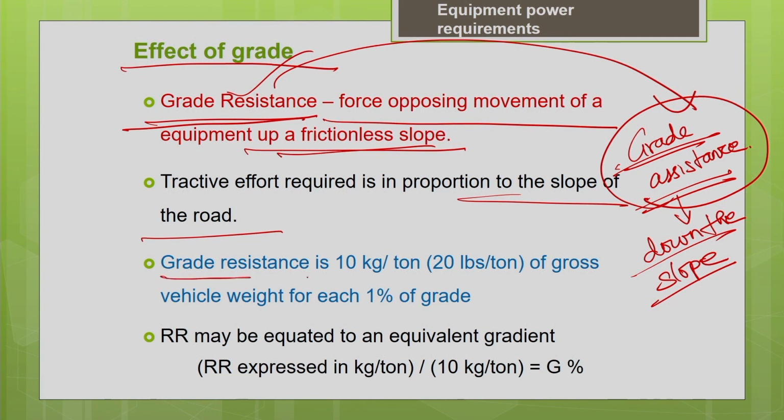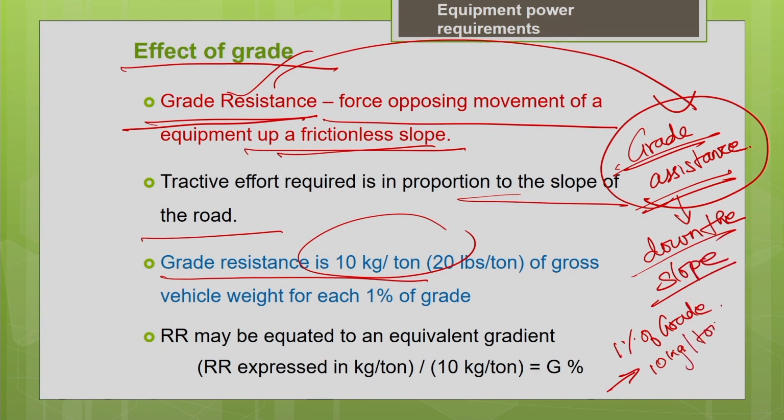Now let us see how to calculate the grade resistance. By simple elementary mechanics, people have worked out this relation. For 1% of grade, the amount of tractive effort needed to overcome it is 10 kg per ton.